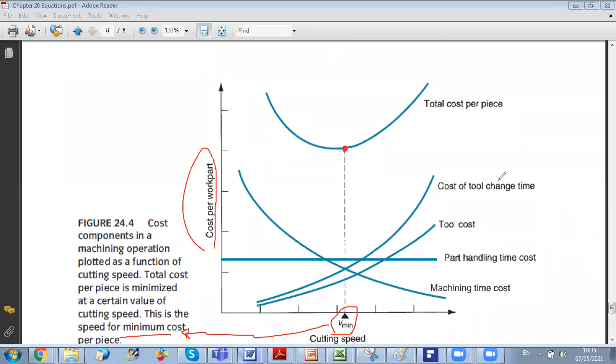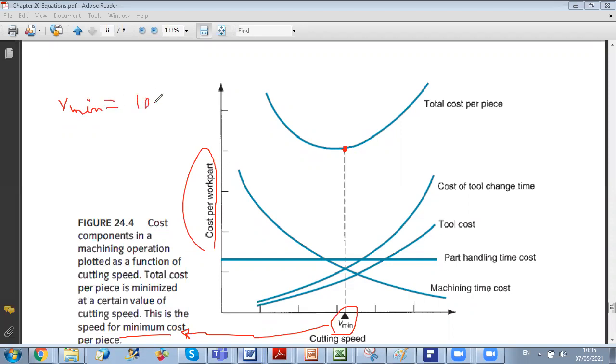As I told you before, sometimes we are more interested in maximum production rate, or sometimes more interested in the minimum cost, or we can compromise between the two. For example, let's say you found that V for minimum cost is 100 meters per second.